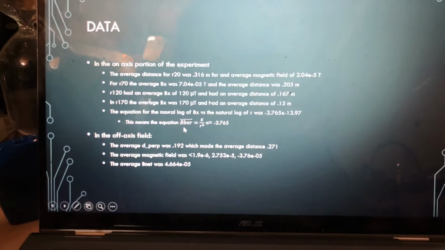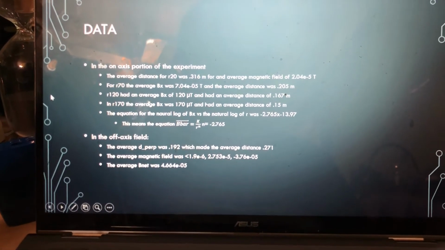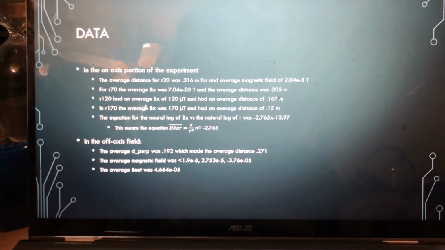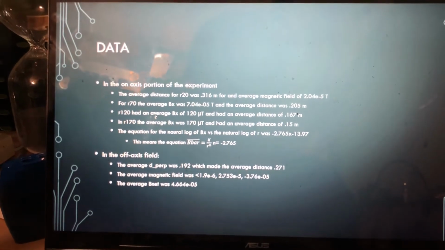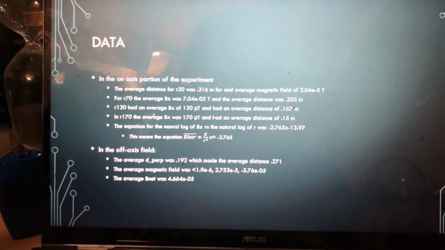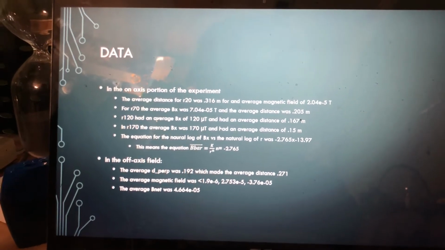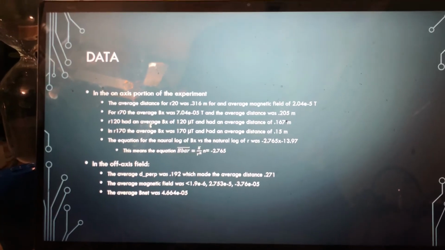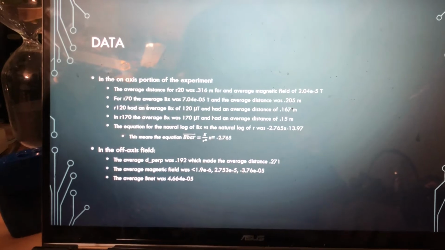So for the on-axis portion of the experiment, the average distance for R20 was found to be 0.316 meters, and the average magnetic field was 0.0204 times 10 to the negative fifth teslas. For R70, the average Bx was 7.04 times 10 to the negative fifth teslas, and the average distance was 0.205 meters.